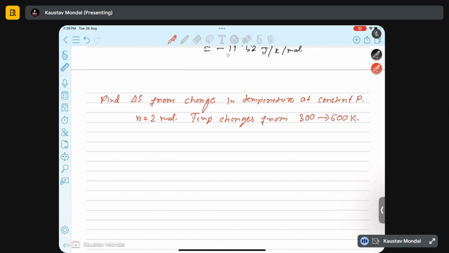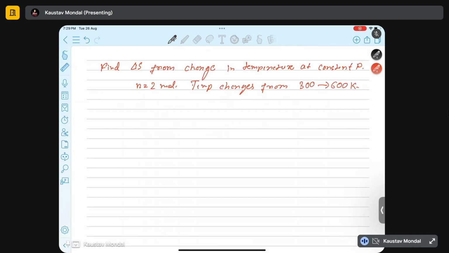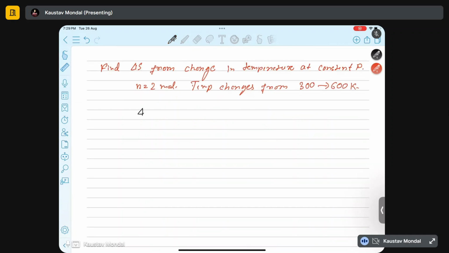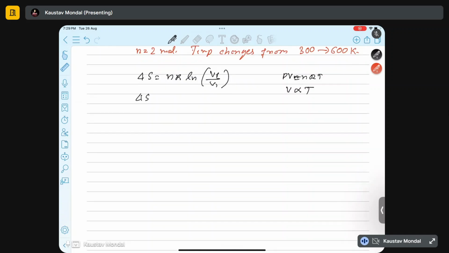So for that case, the delta S expression we now have to write in terms of temperature, right? Previously it was NR ln VF by VI. Now for ideal monoatomic gas, you know PV equals nRT. So V is directly proportional to T. So now we can write delta S as NR ln TF by TI.